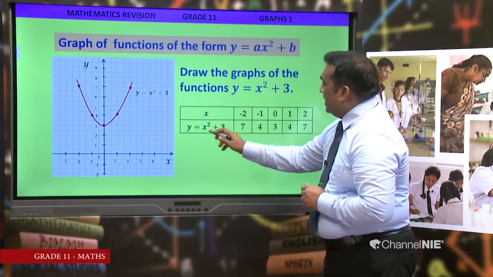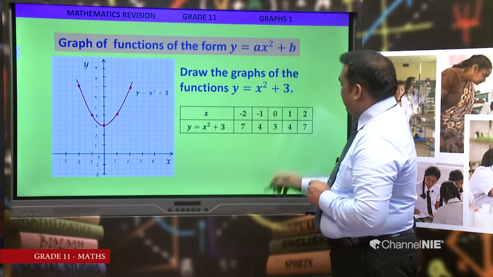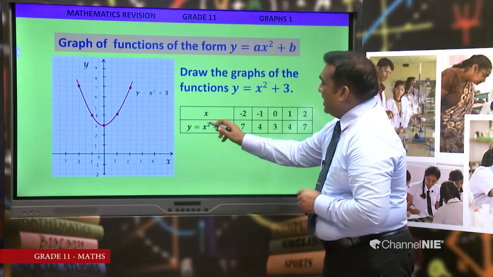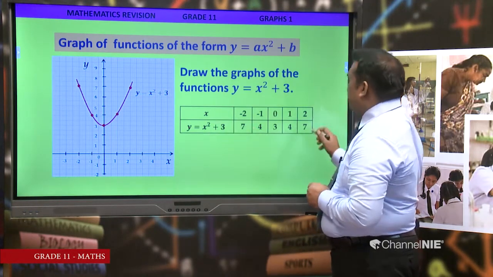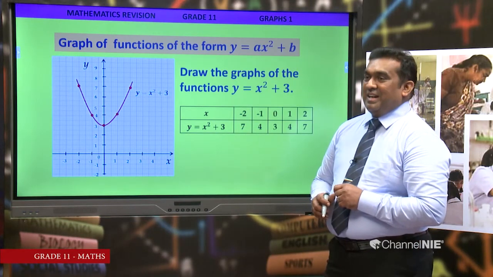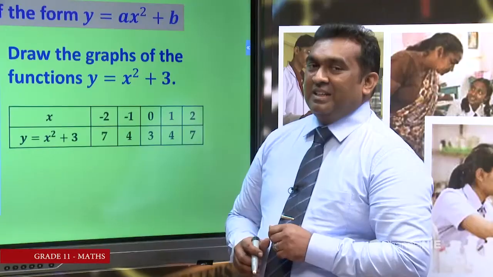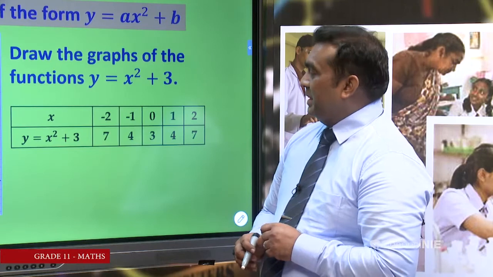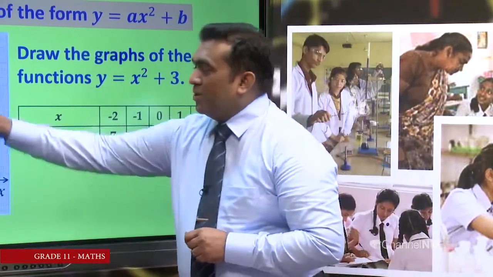Here substitute 1, 1 squared plus 3 is 4. Here consider 2. 2 squared is 4, 4 plus 3 is 7. After marking these points, you can draw this graph.